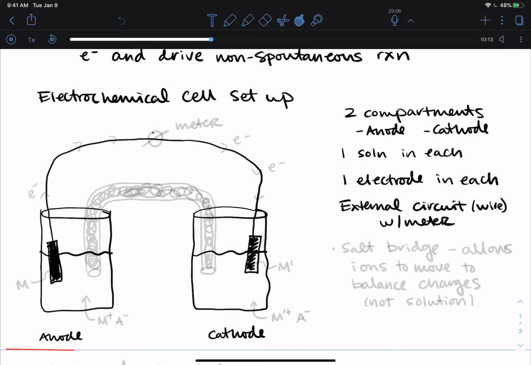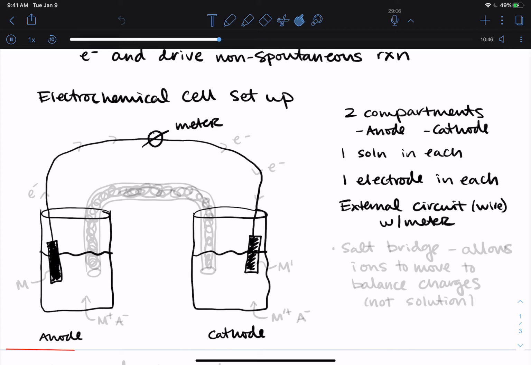So you'll have some kind of meter in here. I'm not going to label it as a voltmeter or an ammeter because I have this connected in series, and I know one of them needs to be connected in parallel, and I don't need you to remember that much for this. Just that this is how we get the information out. We'll have some meter connected to these wires in a way that will give us the information we're looking for out of our cell as it's running.